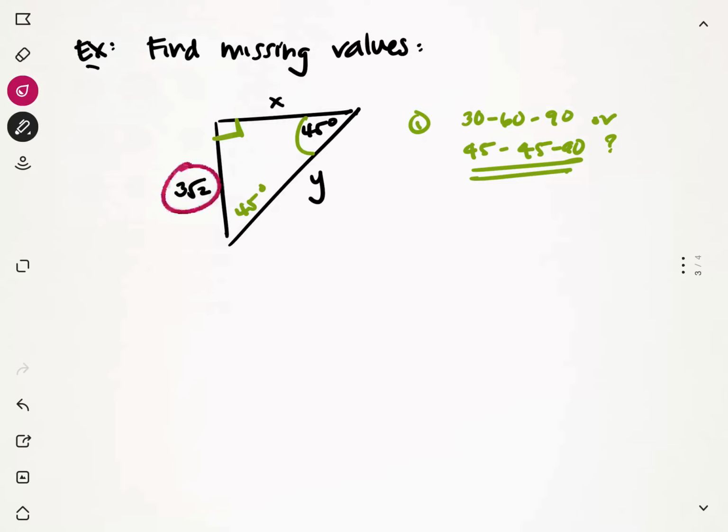So what we know about this is, if we know the short side, we know the other side is going to be the same. So x is the same thing, 3 square root of 2. And we also know to get from the short side to the hypotenuse, we're going to take our 3 square root of 2 and we're multiplying it by another square root of 2.